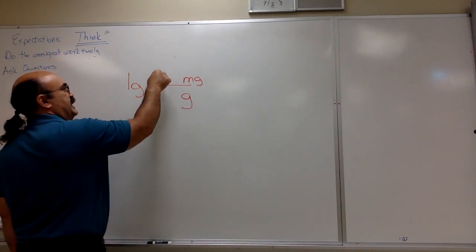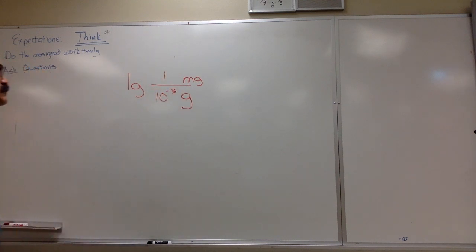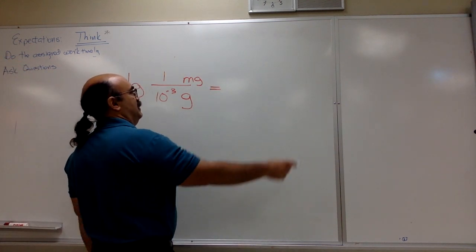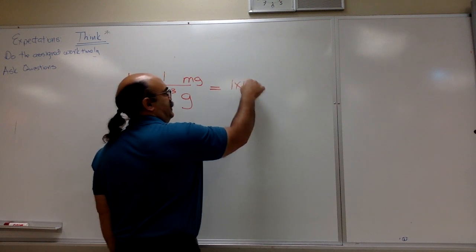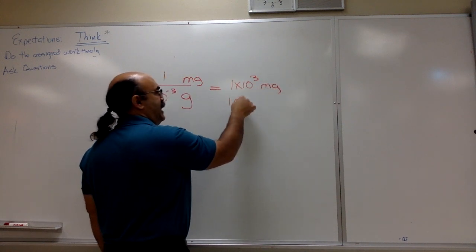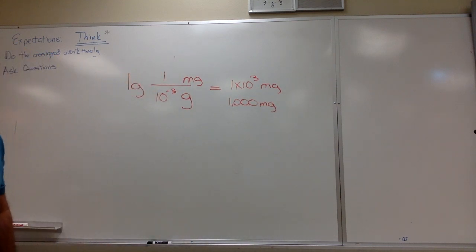My conversion says 1 milligram is 10 to the minus 3 grams. My answer then is 1 times 10 to the positive third milligrams, or 1,000 milligrams. Both are correct.